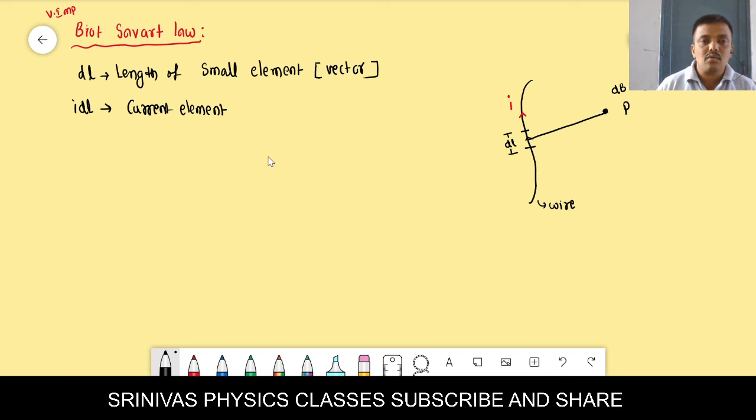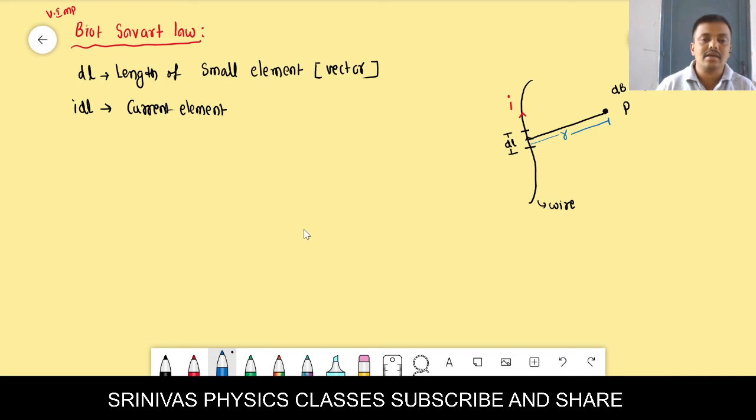Now I want to find out the magnetic induction or the magnetic field due to the current element. This is a small current element. Due to this, I want to find out the magnetic induction at a certain distance. I will take that distance as r, the distance of the point where I want to find the magnetic induction.